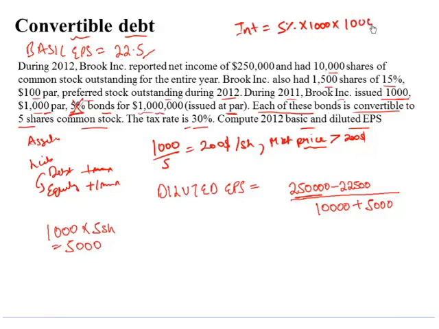So $50 per bond, or a total of $50,000 of interest, is what is being paid to these bondholders. If they convert their bonds into equity, then no more interest, or to my net income I'll have to add back this interest expense.